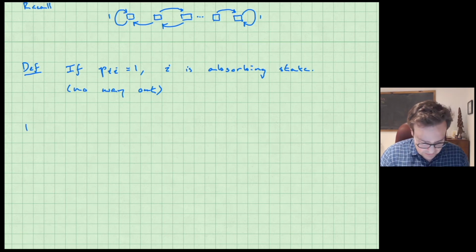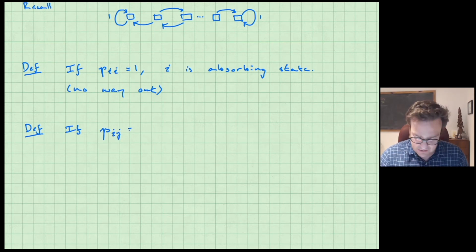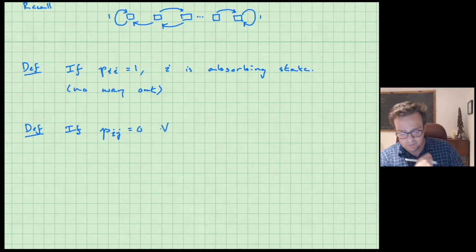We're now going to say if Pij is 0 for all i, but a fixed j. All right, so let's think what that means. It means the probability of going from i to j is 0 for all i. It means there's no way to get into state j.